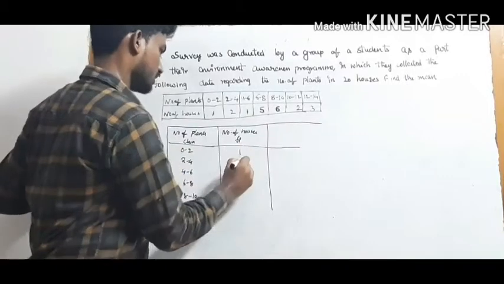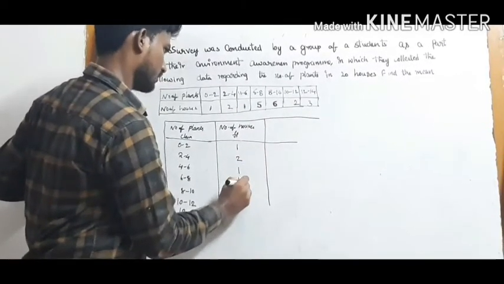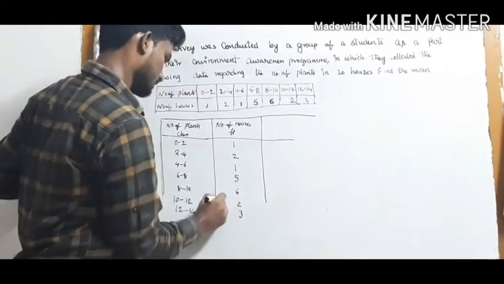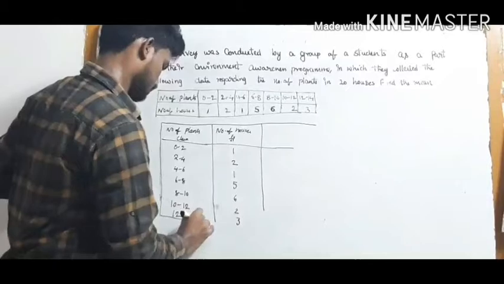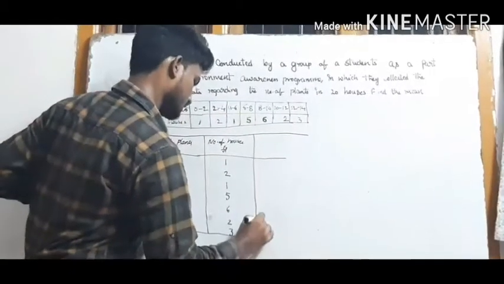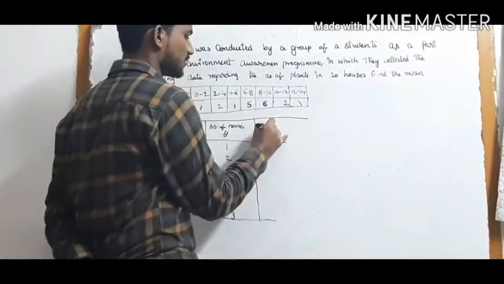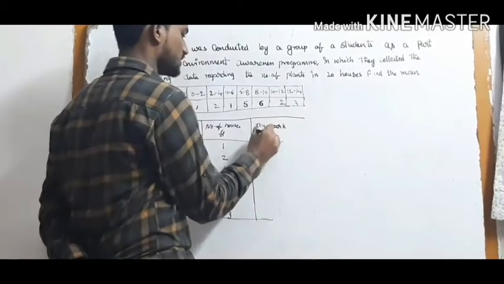Frequency is 1, 2, 1, 5, 6, 2, 3. This is Fi. This is the class mark, xi.